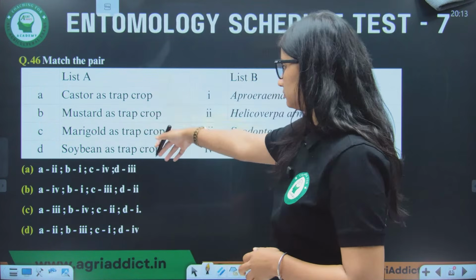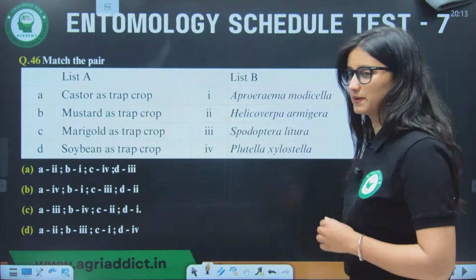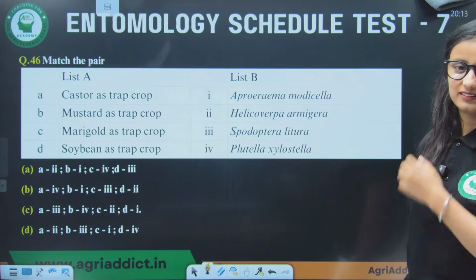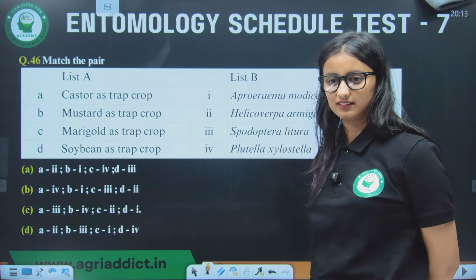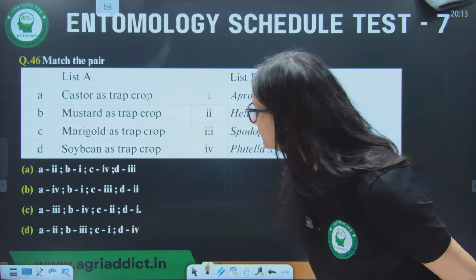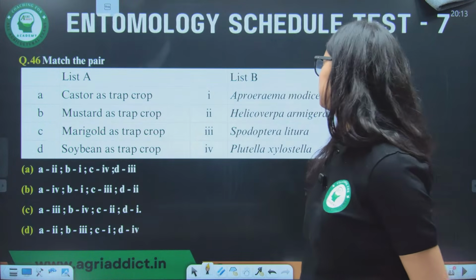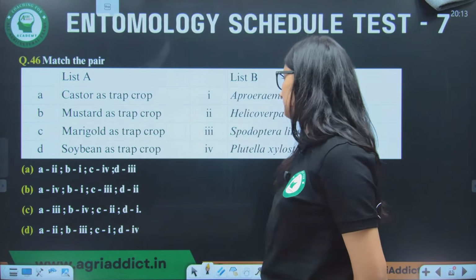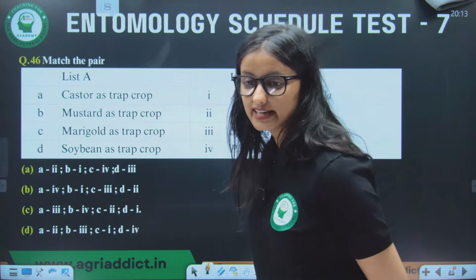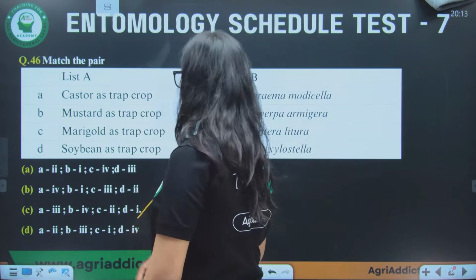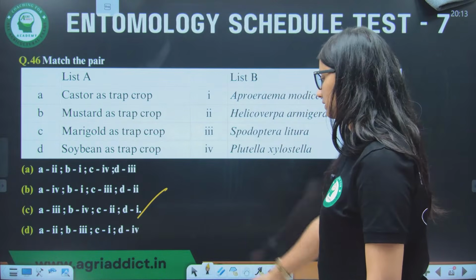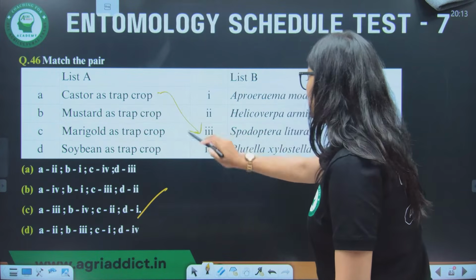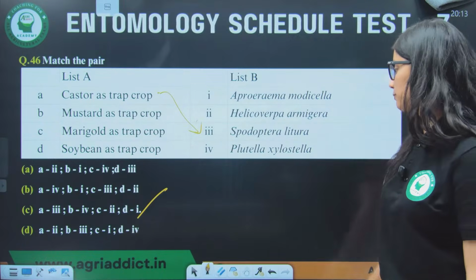Now match the columns. Match the pairs. B. Is it? C. Very good. C is the correct answer. Castor as a trap crop is for Spodoptera litura.